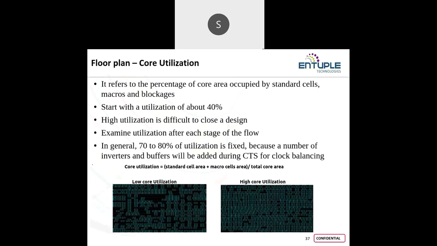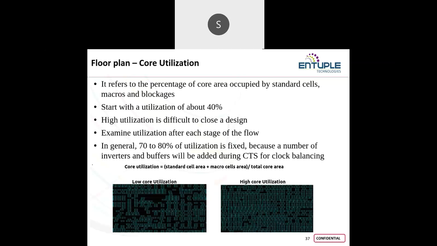Next, moving to core utilization, which is also one of the floor plan control parameters. Usually in core utilization, what do we do? It refers to the percentage of my core area occupied by my standard cells or macros, and even blockages if I'm using them in the design.